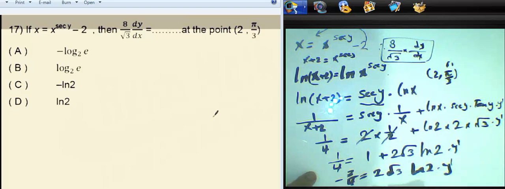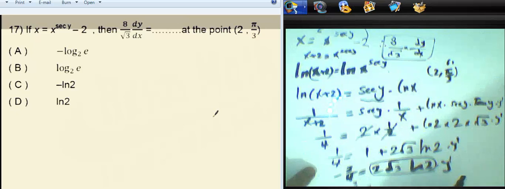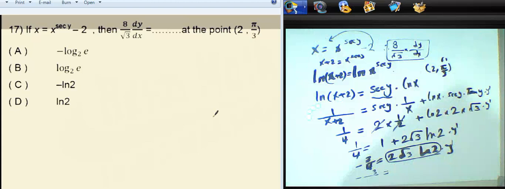To find y dash, write negative 3 here and cross this term to the numerator, using the product of extremes equals the product of means. Negative 3 over 8, 2 times 4 is 8, and write root 3 here, ln 2 equals y dash.